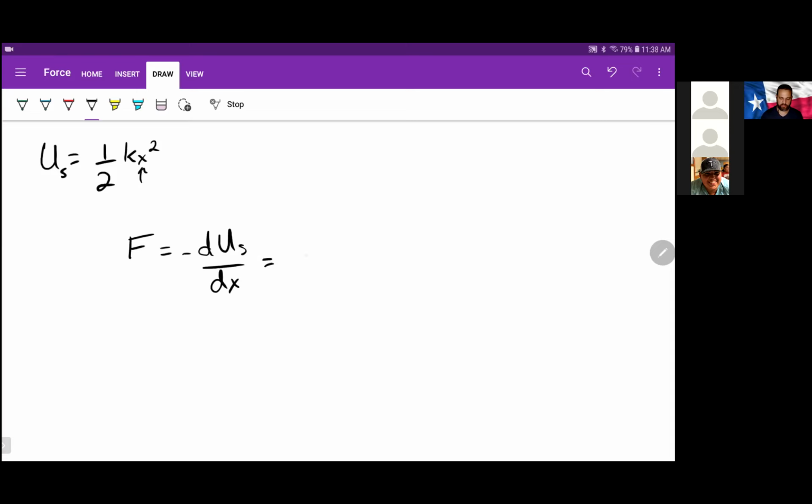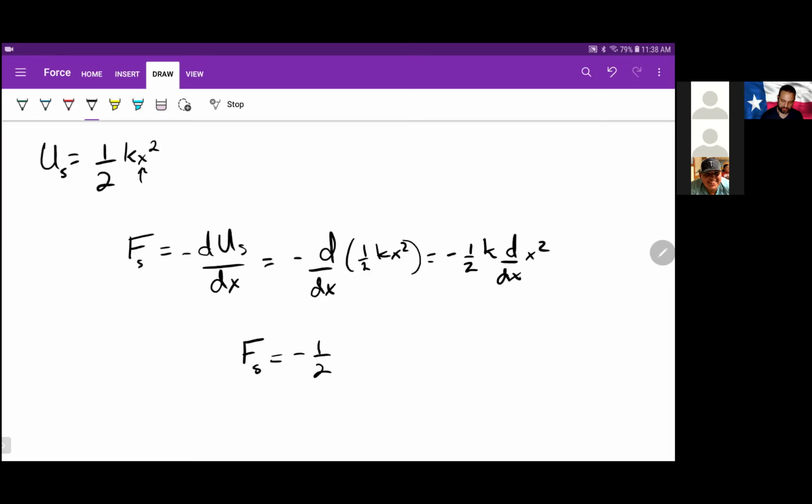So that's going to be negative d over dx of 1/2 kx squared. Those are constants, so those come out. So we're going to have a negative 1/2 k times the derivative with respect to x of x squared. And so F of a spring is going to equal negative 1/2 kx.